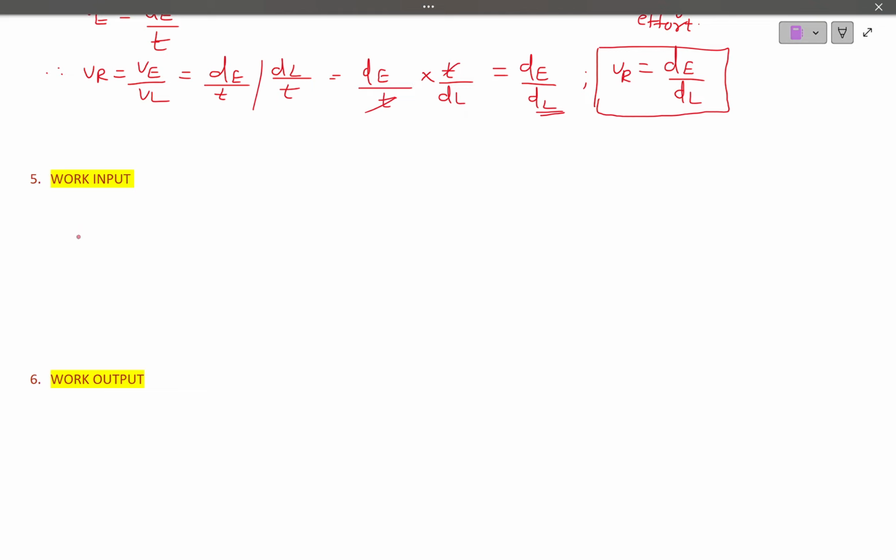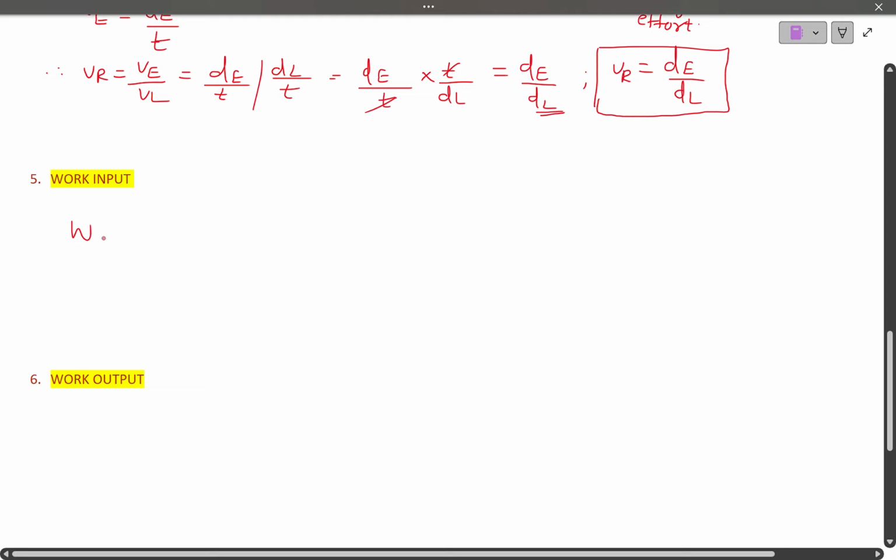Work input means work done on the machine by the effort. So therefore we can write work input equal to work done by the effort.